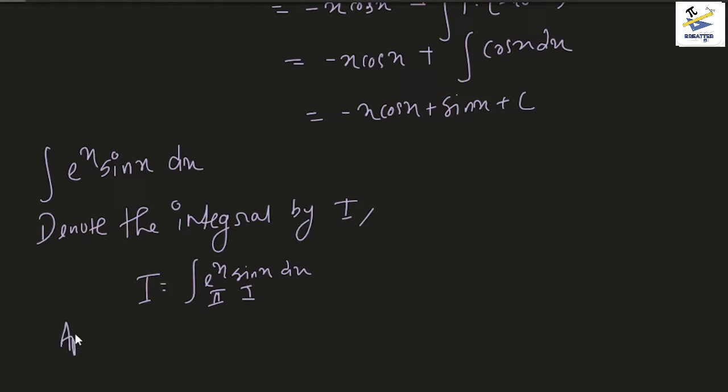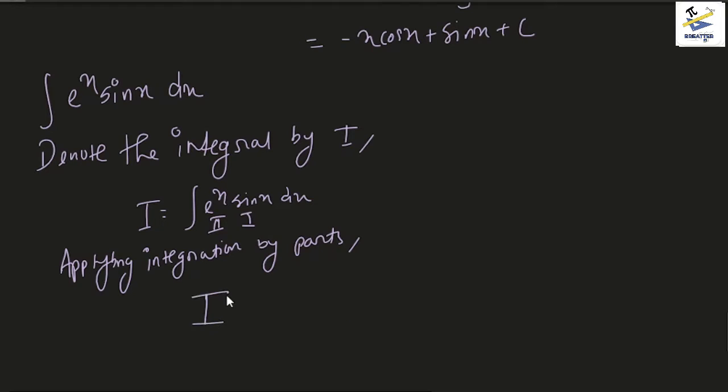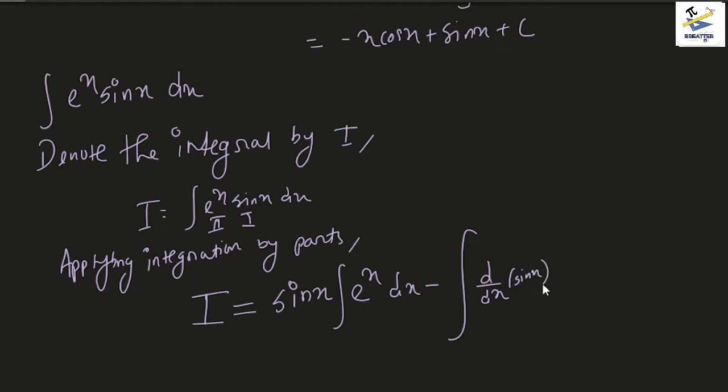So applying IBP, or applying integration by parts, what we have is this: I is equal to sin x into the integral of e to the power x dx minus d/dx of sin x into the integral of e to the power x dx, right?